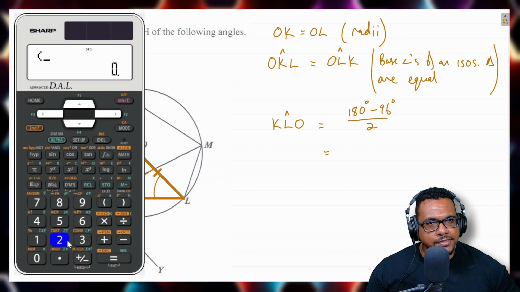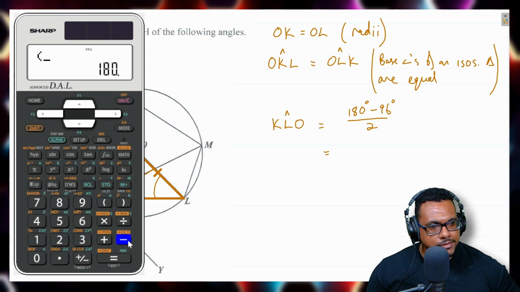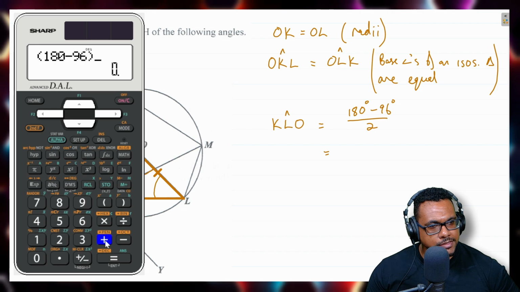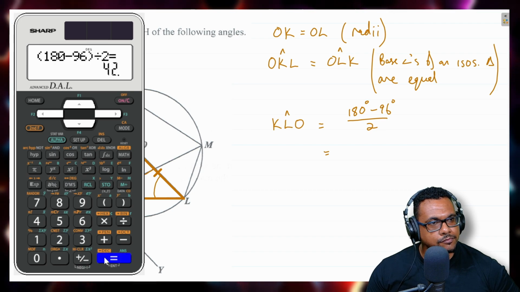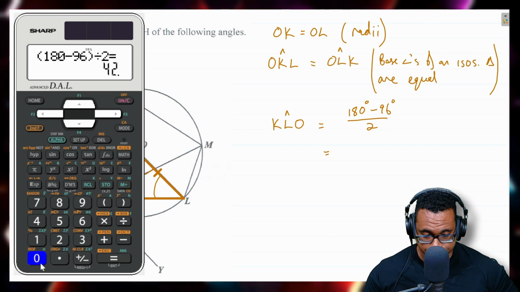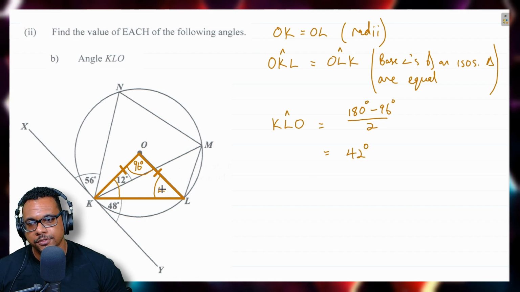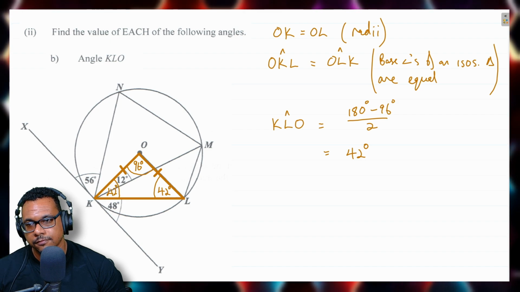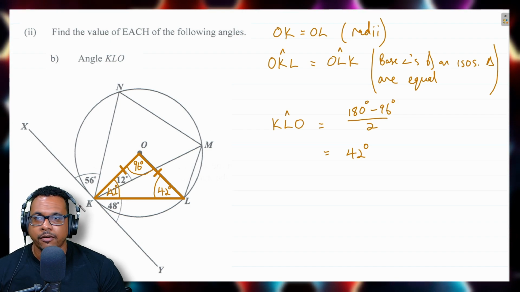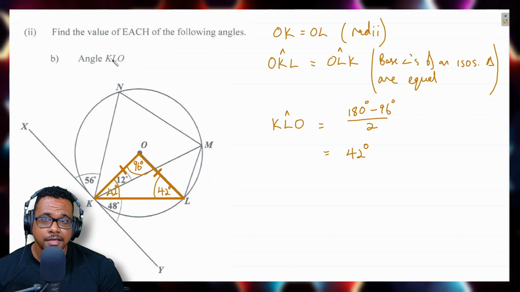So I have open brackets, 180 take away 96, close the brackets, and then divide by 2. And we get 42 degrees. So I'm going to write 42 degrees. So here's 42, and here's also 42. All right, and that will be my answer for angle KLO.